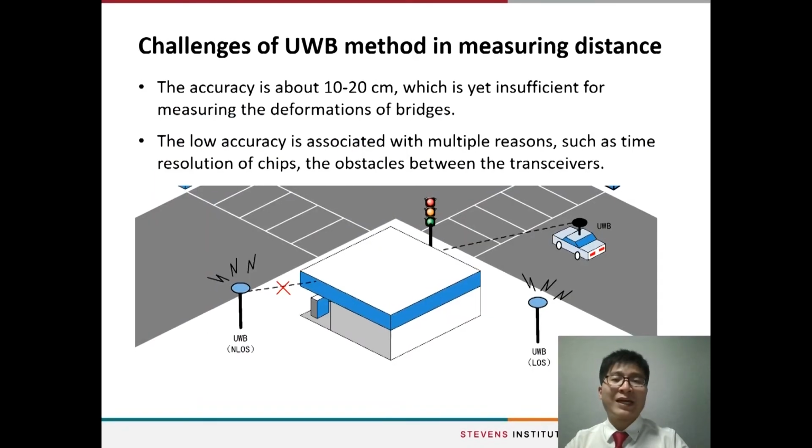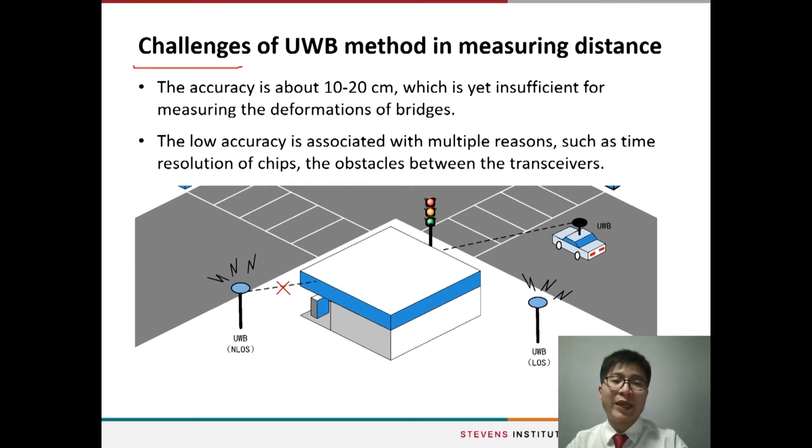But regarding civil engineering, UWB technology has some challenges. And now, there is no study on using UWB to monitor structural deformations. As we talked, it is very hard to find the real first peak in the received UWB signals.